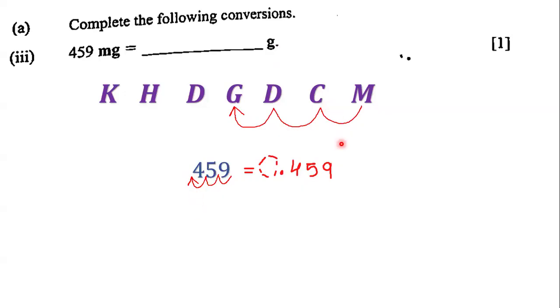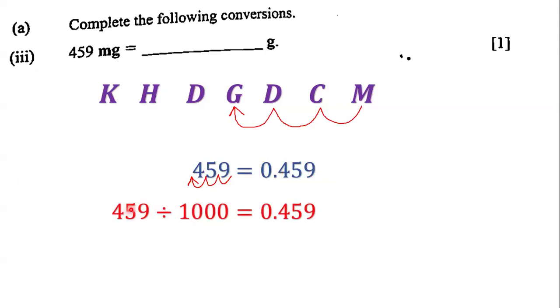Okay, what did we divide by? We divided by 1,000, right? So we say 459 divided by 1,000. Now someone might ask, Mr. Petit, how did you get 1,000? The 1,000 just popped on the screen. Well, we use 1,000 because we move over 3 times.